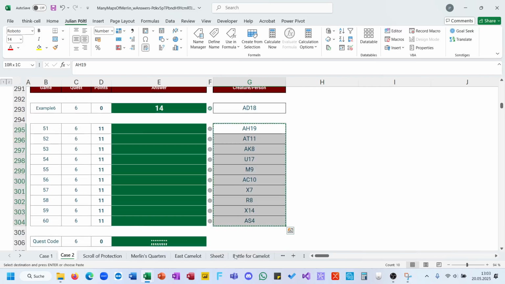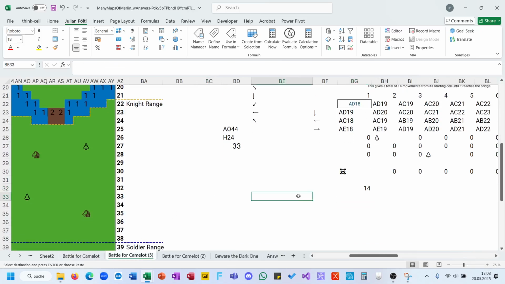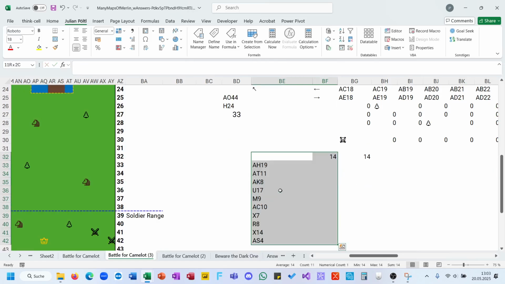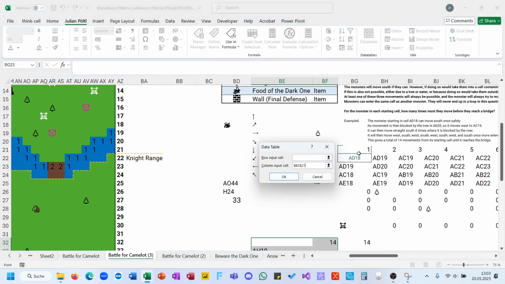Only 10. Battle 3. Data table, column input cell.